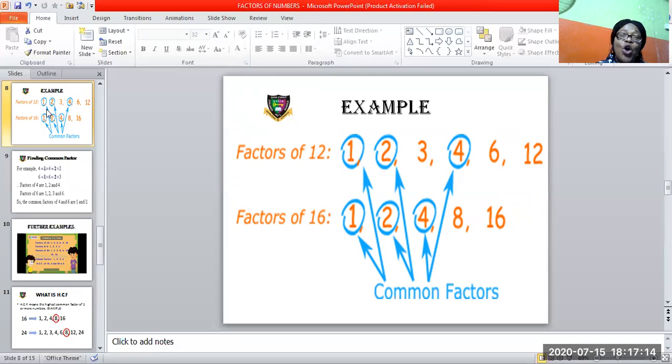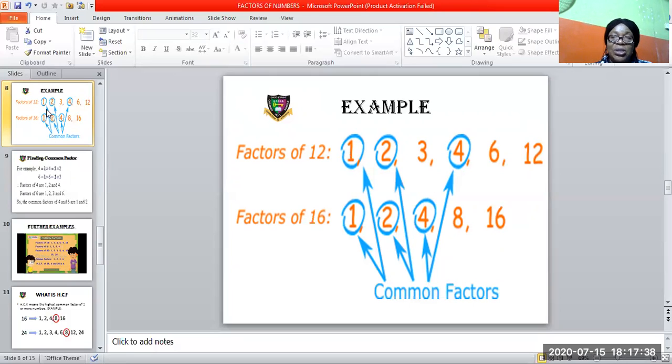We look for the common numbers in the two sets of numbers. The common factors are the factors that are common to 12 and common to 16.